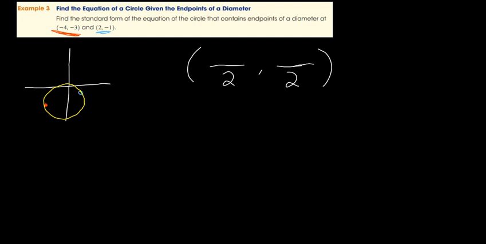Okay. So the sum of my x's, so we've got -4 plus 2, and then the sum of my y's, which is a -3, and then a -1.